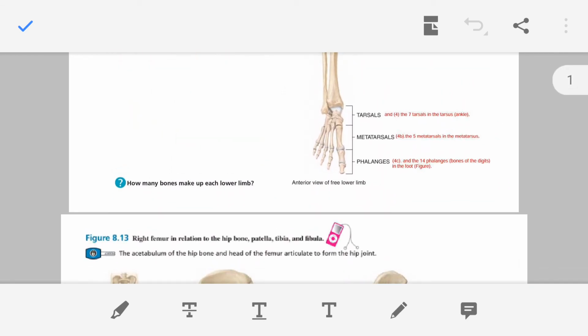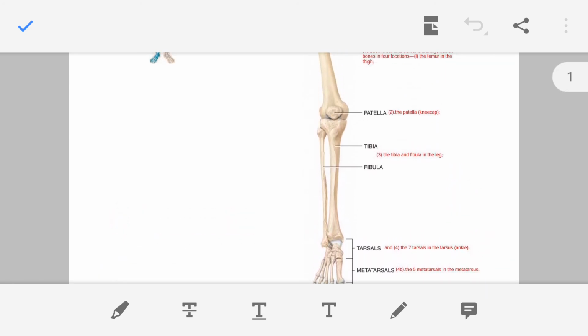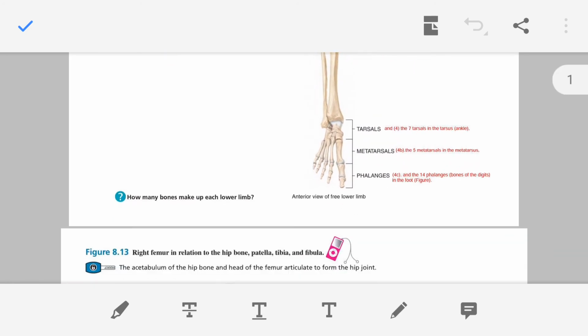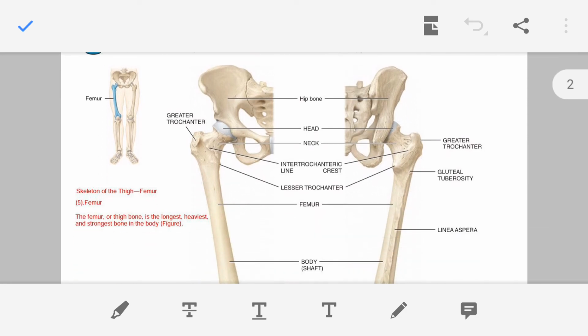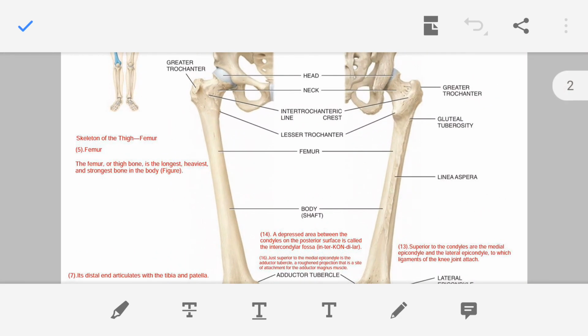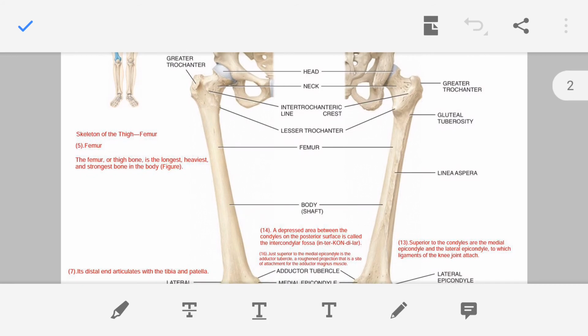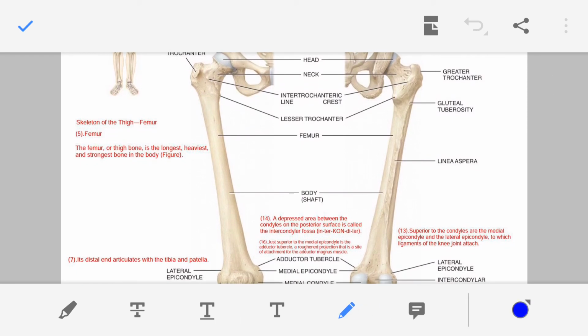Now, with this we have completed points 1, 2, 3 and 4. Now moving on to the fifth point. Now femur. First of all, observe the femur. This entire bone is the femur.